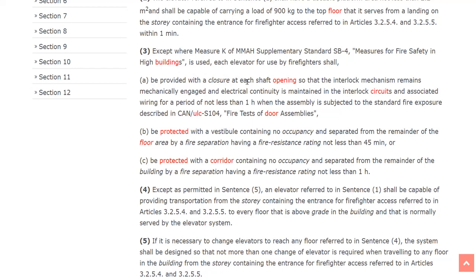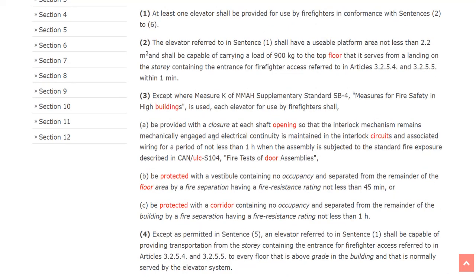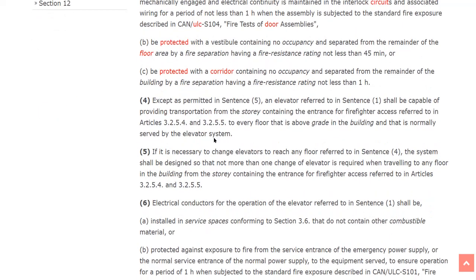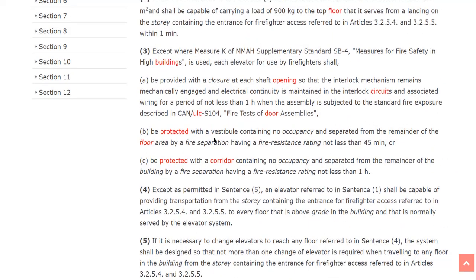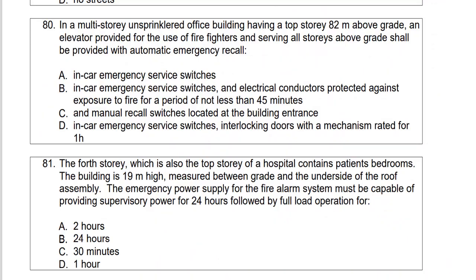Be provided with a closure for the shaft opening. Interlocking mechanism remains mechanically engaged while electrical continuity is maintained in the interlocking circuits and associated wiring for a period of no less than 1 hour. Even if you read through the sections, you will get other information about the fire separation and so forth. So the answer to this question is D.